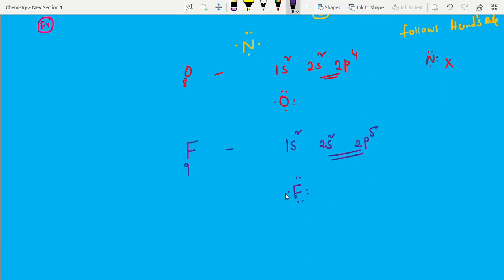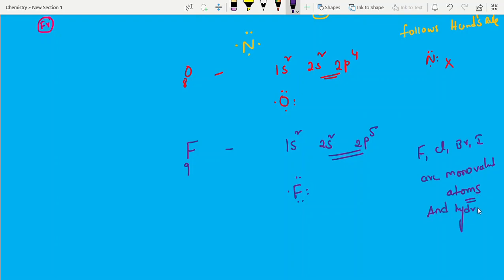It has the capability to form only one bond because of one unpaired electron. That's why halogens are monovalent atoms. Halogens, fluorine, chlorine, bromine, iodine are monovalent atoms. In the periodic table, the monovalent atoms are halogens and hydrogen.